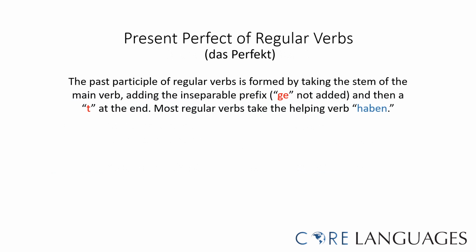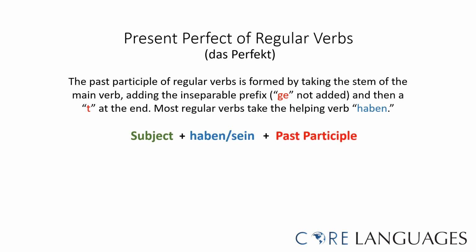One way of differentiating between different verbs in German is regular verbs, irregular verbs, and mixed verbs. Regular verbs typically form the past participle by adding the syllable ge and the ending t to their stem. The present perfect is usually formed with the subject, either haben or sein, and the past participle.